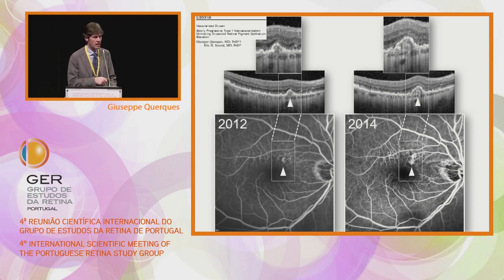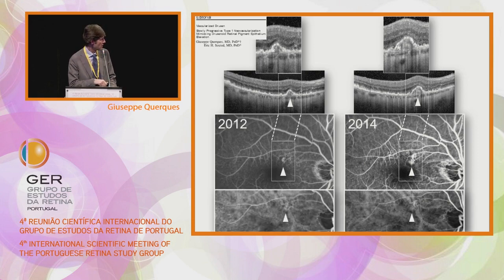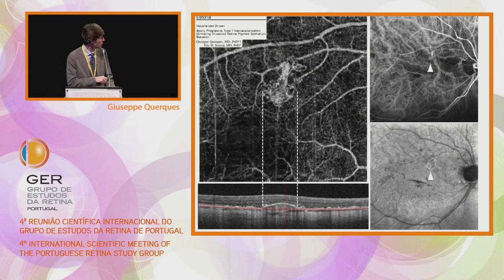They may grow slightly over time, 2 years apart, in absence of exudation. Well, this is already neovascularization as demonstrated by ICG and also by OCTA. So also very small neovascularization mimicking drusen may be present in eyes of patients without symptoms, in eyes without any kind of exudation. This is what we define as vascularized drusen.